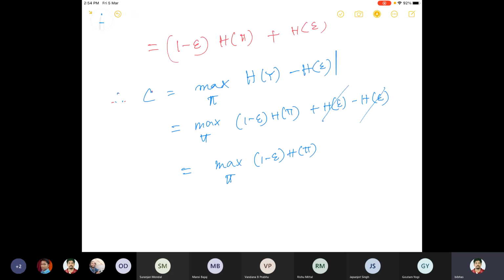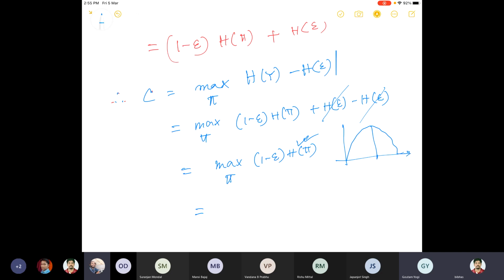What is the maximum value of this h? You remember we had drawn this picture, right? So this is half.